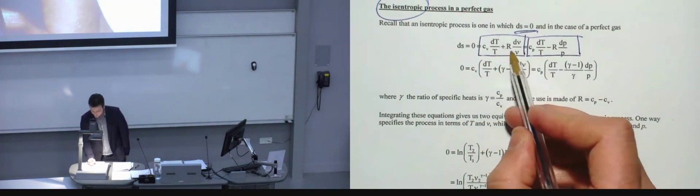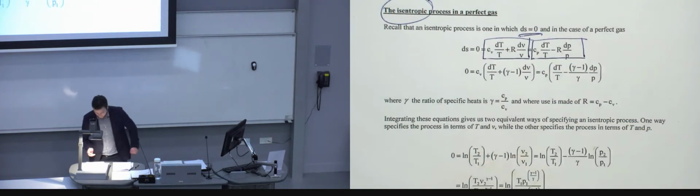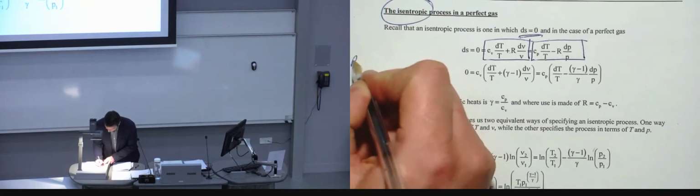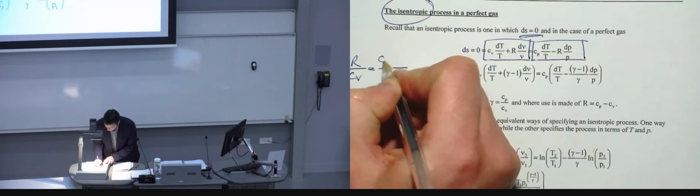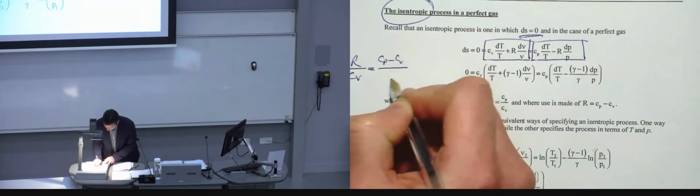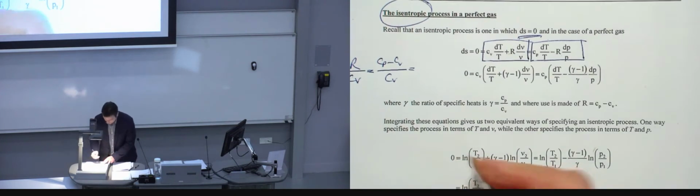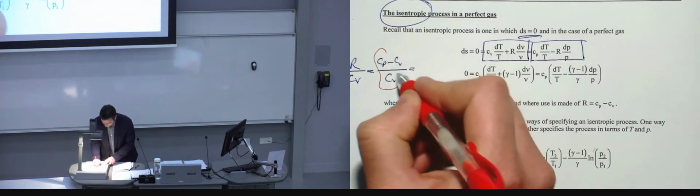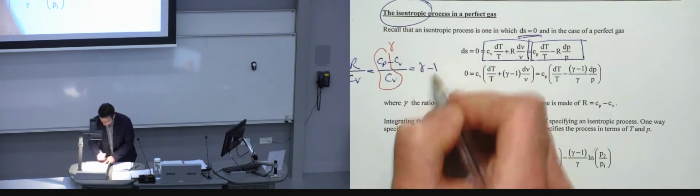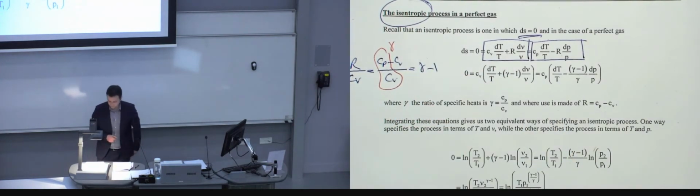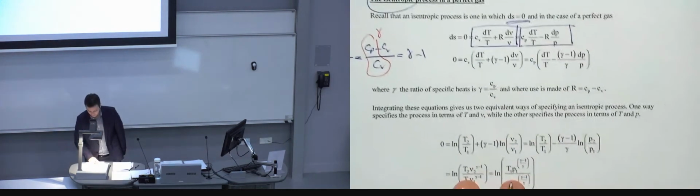So it suggests that R divided by CV should give you gamma minus 1. Let's see if that's the case. R divided by CV: R itself is CP minus CV, and that is CV in the denominator. Because CP over CV is equal to gamma, you get gamma minus 1. So that's how we got gamma minus 1 here.